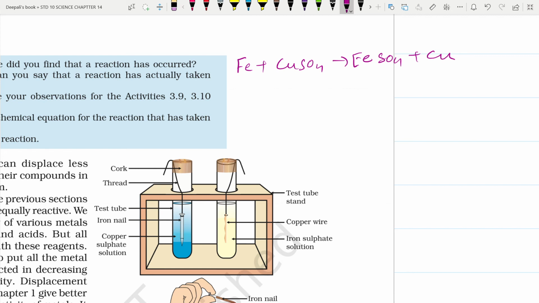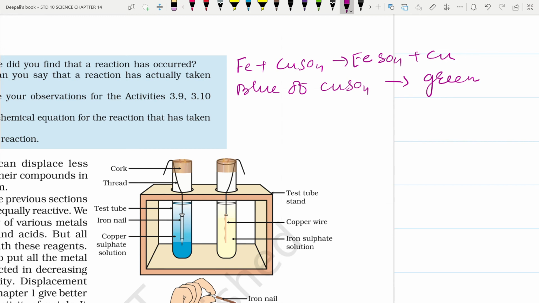Now, on what basis can we decide that the reaction actually occurred? The blue color of copper sulfate has turned green during the reaction. This change indicates that the reaction has occurred. So the blue color of copper sulfate has turned to green color. So, the reaction has occurred.